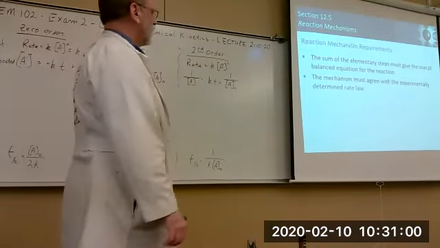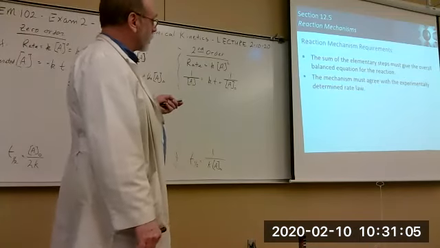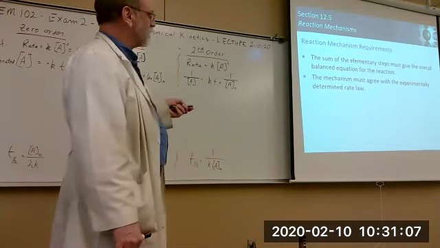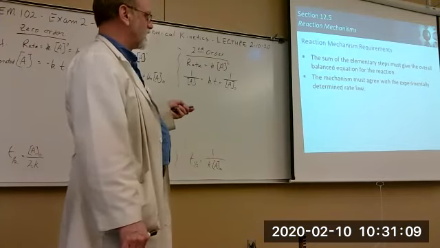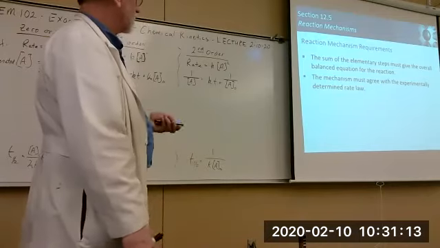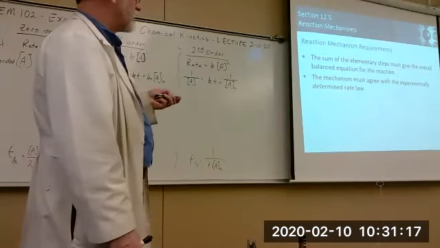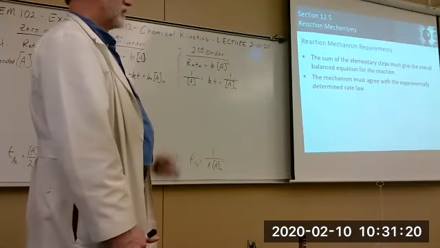We've already talked about this one. The sum of the elementary steps must give the overall balanced equation. You have to be able to add them up and get the overall. And the mechanism has to agree with the experimentally determined rate law.